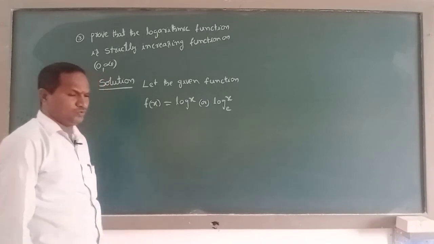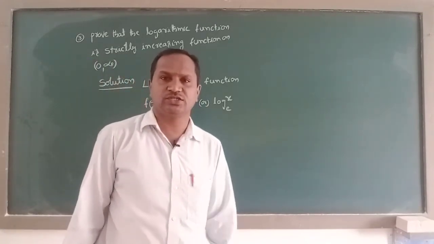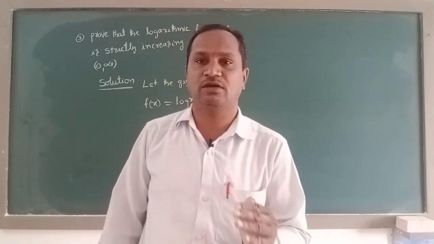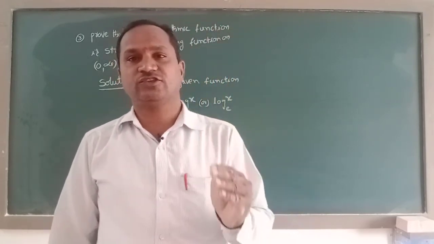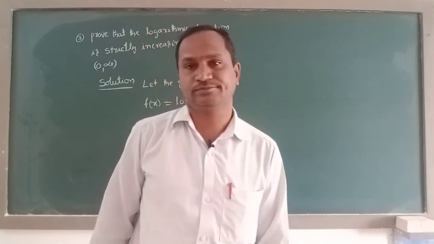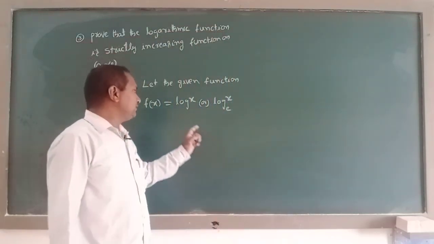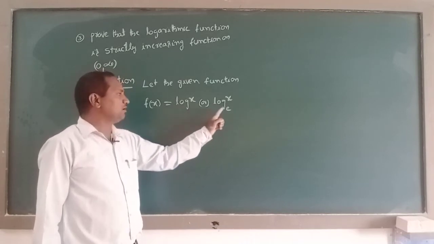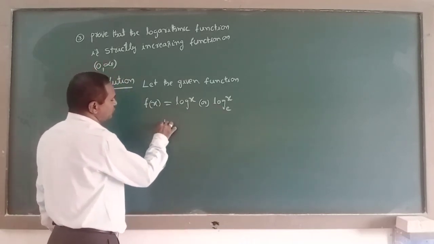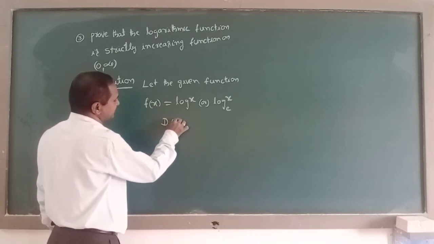The base e you may write or you may not write, as you wish. If there is no base for the logarithmic term, we must consider the base of the log to be e. That's what I have written in two forms, log x or log x to the base e. Now we take differentiation with respect to x.